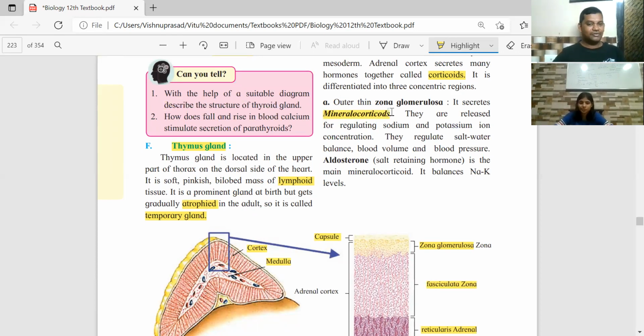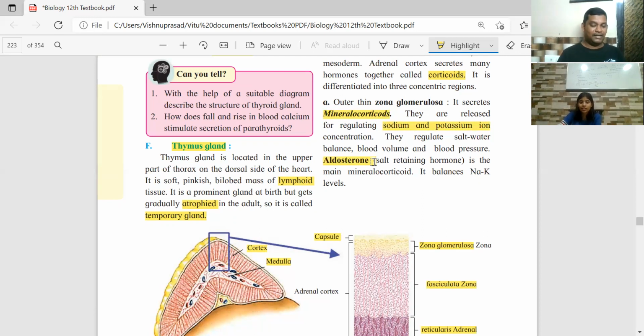Their function is to regulate sodium and potassium ion concentration. The word is mineralo, so mineral ion concentration: sodium and potassium. They maintain salt and water balance, blood volume and blood pressure. One of the main mineralocorticoids is a hormone called aldosterone.